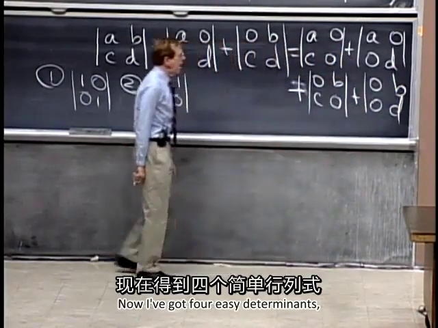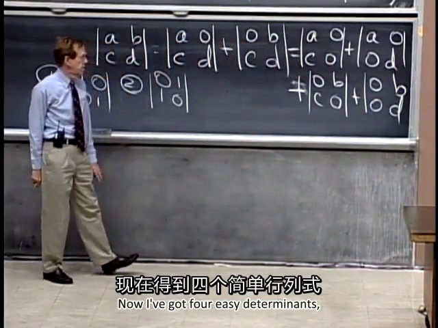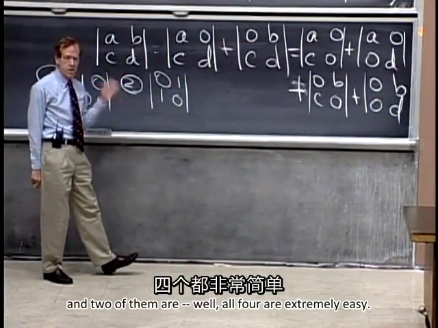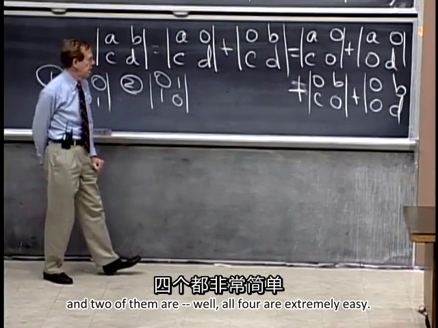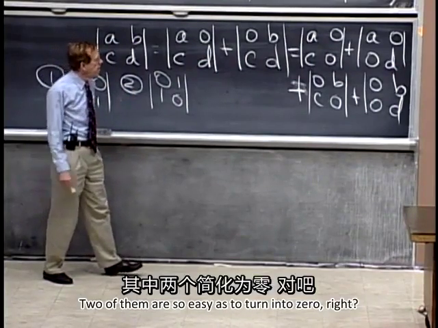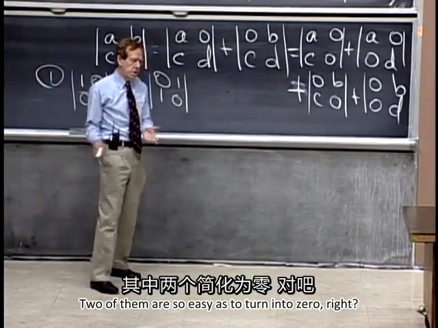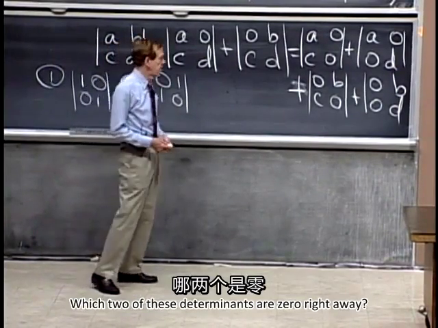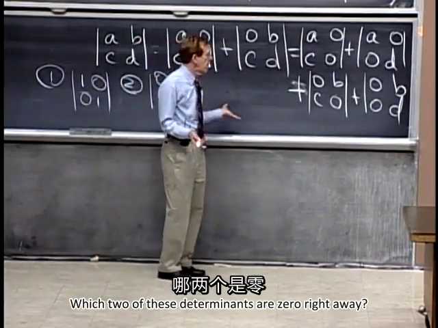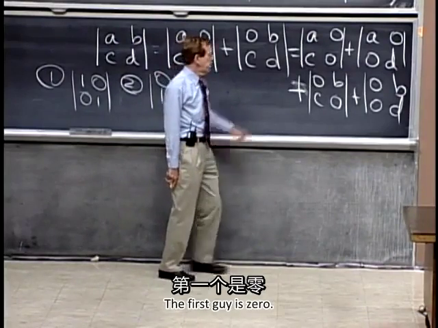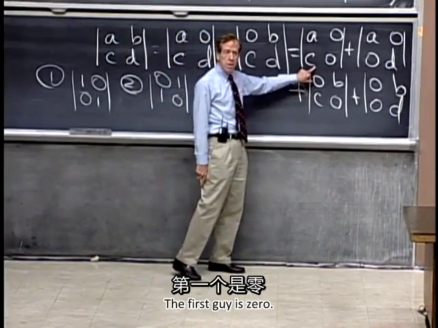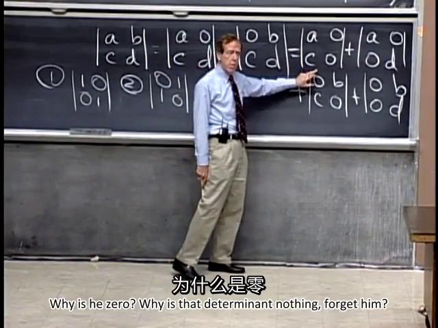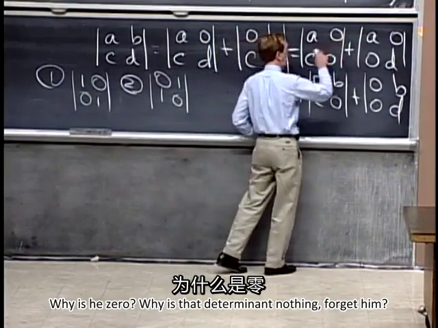Okay, now I've got four easy determinants, and two of them are so easy as to turn into 0. Which two of these determinants are 0 right away? The first one is 0. Why is that determinant nothing?